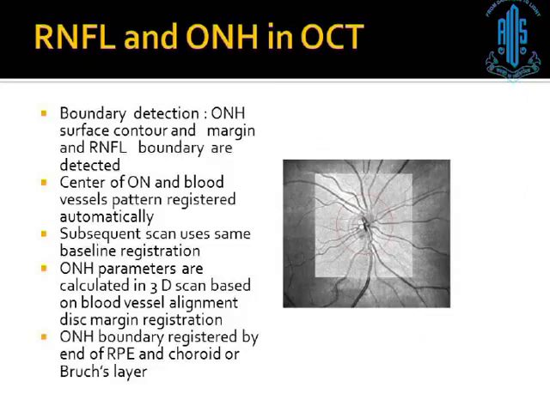What the OCT does is identify the center of the disc. There is a good registration through the retinal vessels, and it assesses the RNFL at around a 3.46 millimeter diameter area. This is of paramount importance.